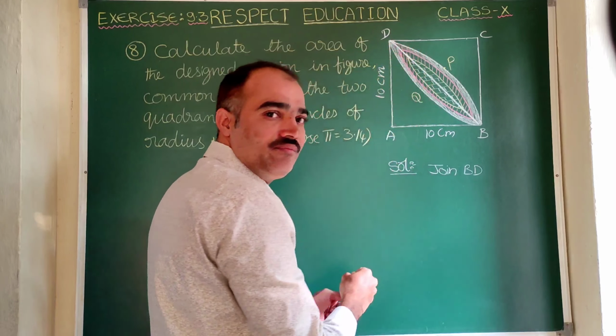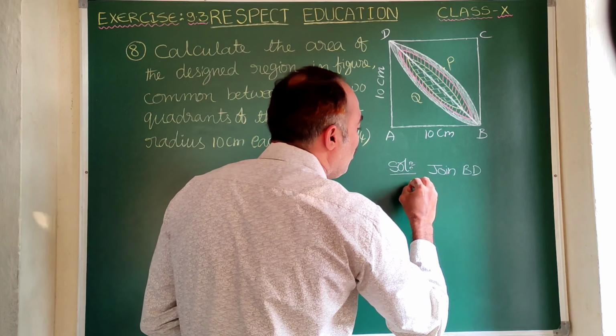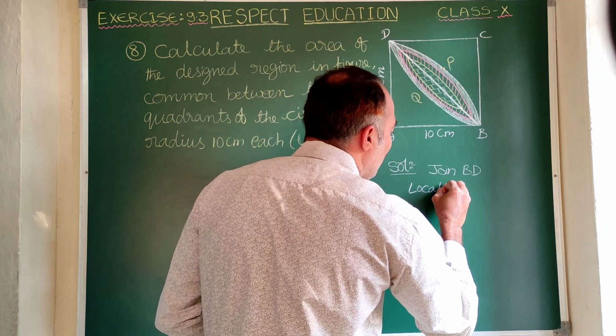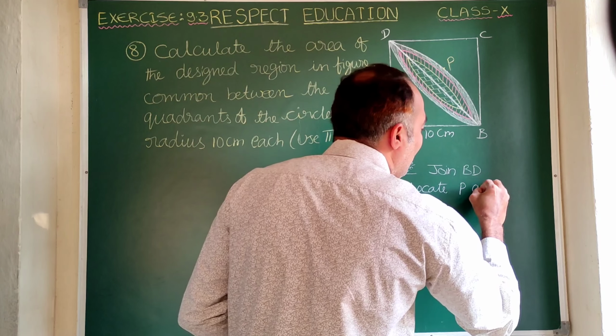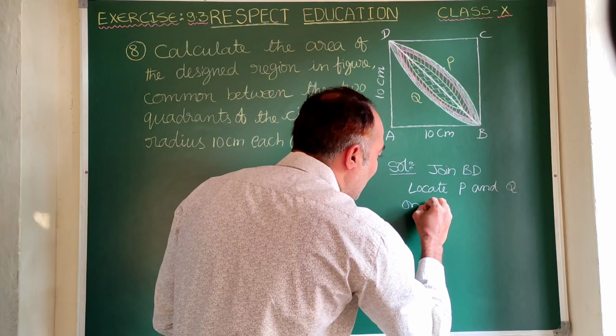So in order to find the area of the design, we need to find the area of BPD plus the area of BQD. So here let us write, locate P and Q on either side of the design.